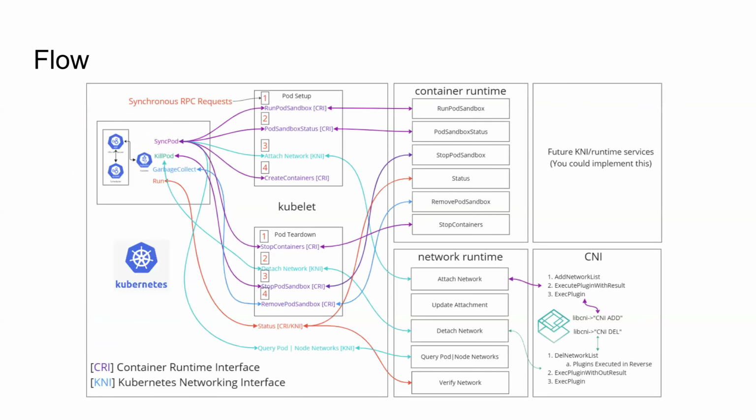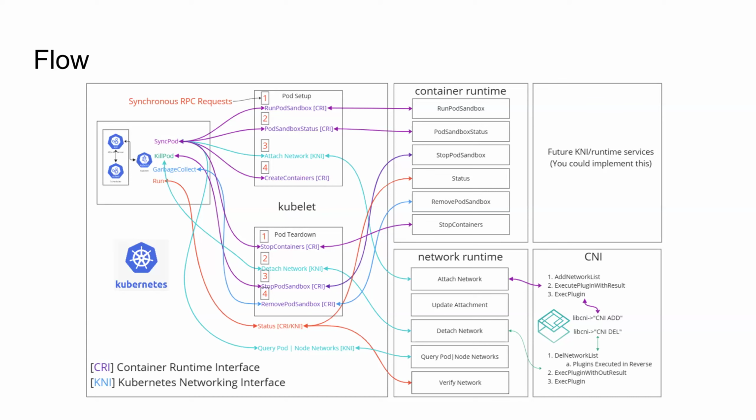And to go through the flow really quick, and I feel like I'm running against time right now, with the world with the KNI, RunPod Sandbox is modified from the container runtime's perspective to have a feature flag to disable the CNI execution.